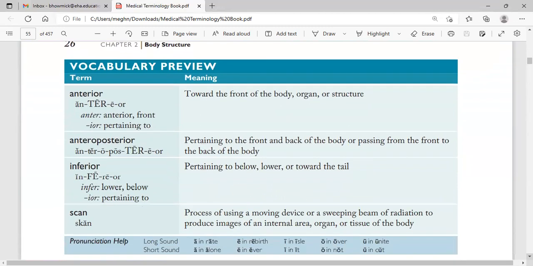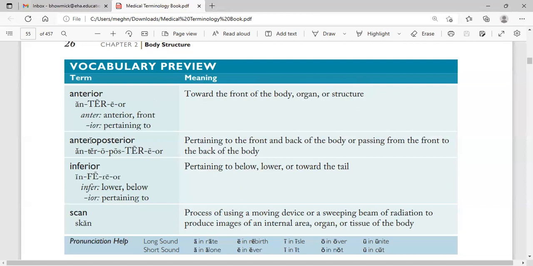Next, some vocabulary review. The term anterior. So this says anterior, right? Anterior means the front, or pertaining to, meaning towards the front of the body, organ, and structure. So anterior means the front side of the body.